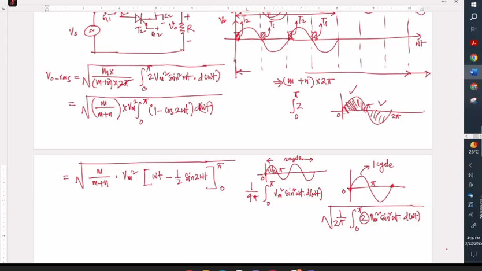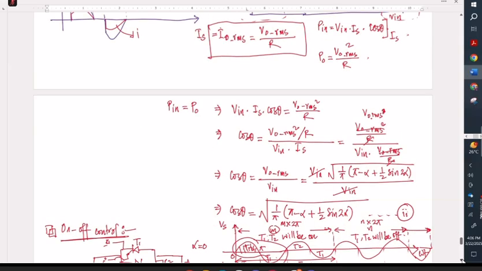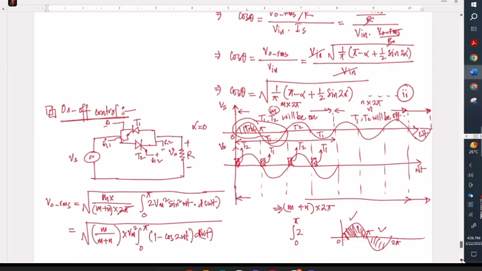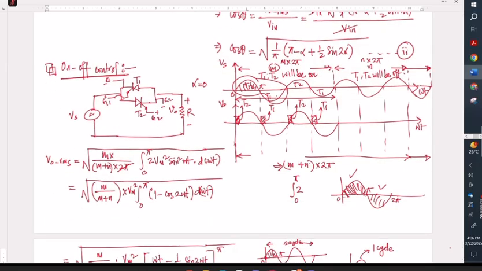Yes sir. So in a similar way, this is the total area under the wave, right? Yes sir. So what is the total area under this wave? M plus n into 2 pi, right? Yes sir.